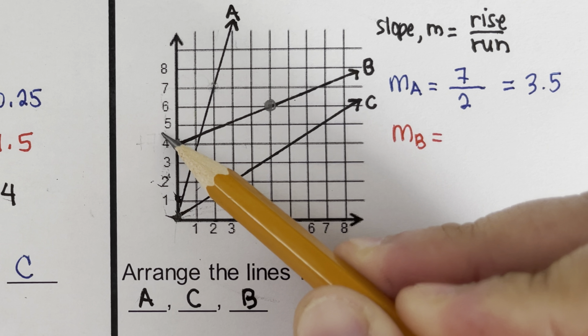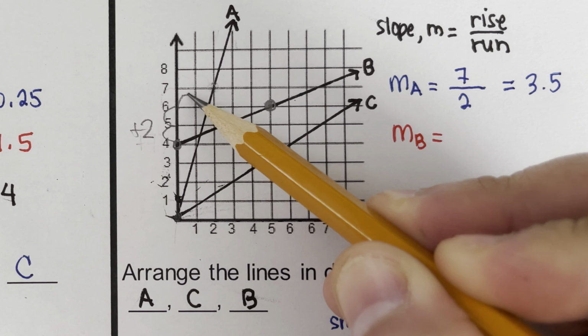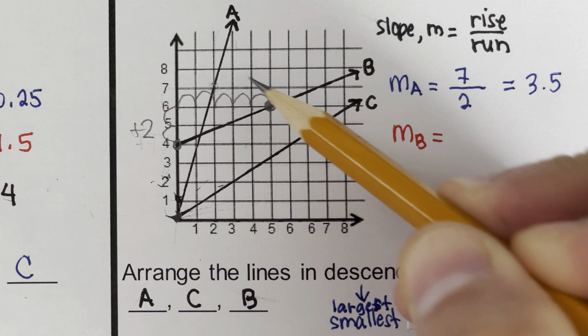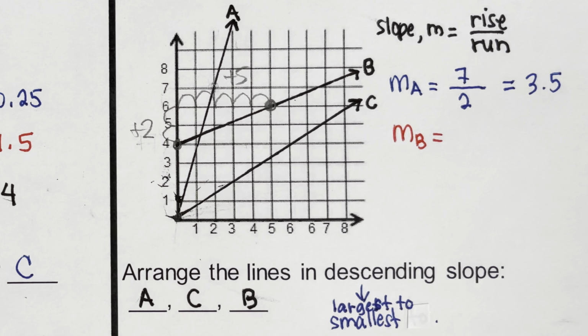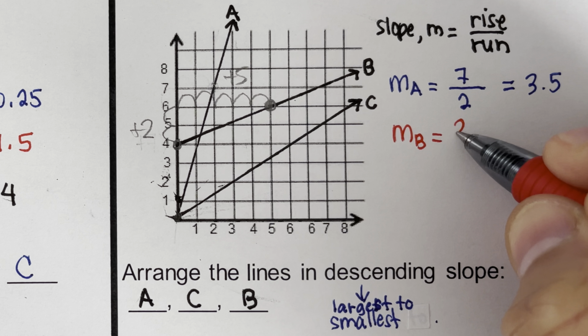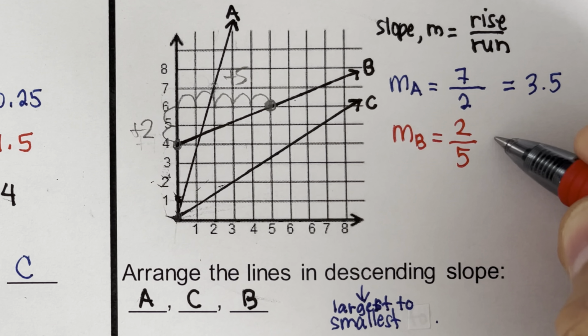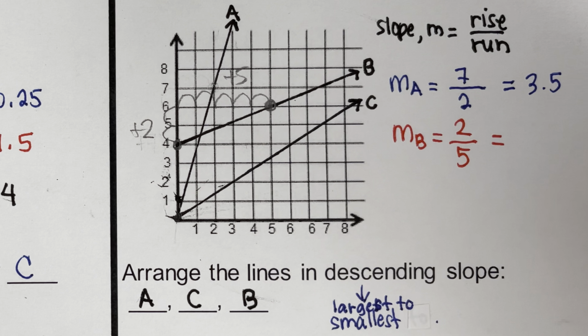So we count 1, 2. So we went up 2. And then we go to the right 1, 2, 3, 4, 5. So we went to the right 5. So the slope is rise over run, which is 2 over 5. If we change this to decimal, this would come out 0.4.